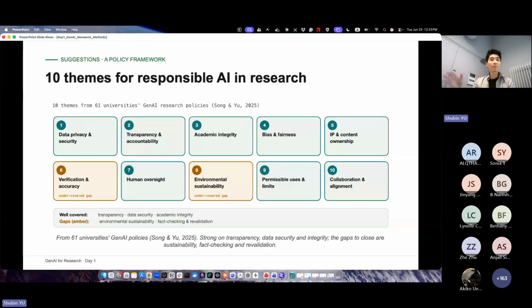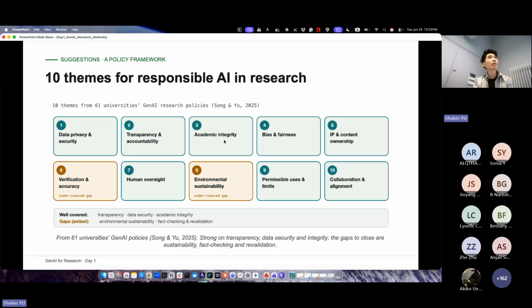And we tried to map them. Okay, what are the policies there? The first one is data privacy and security. Actually, that's the most important. Almost all the universities talk about this. Okay, you cannot upload sensitive data to the AI. Transparency and accountability: you need to disclose it. You are the only one responsible for it.